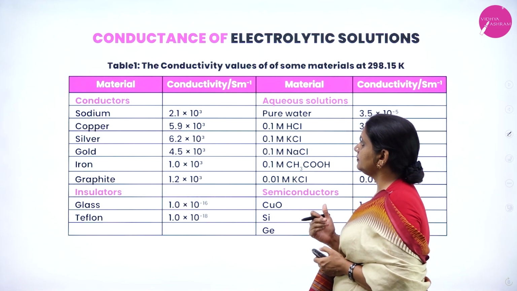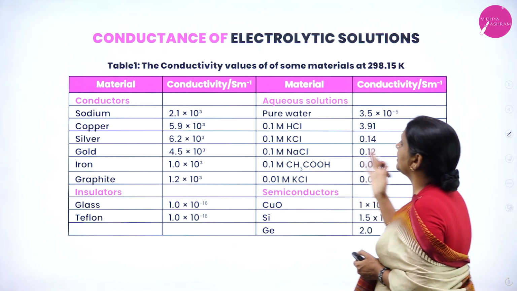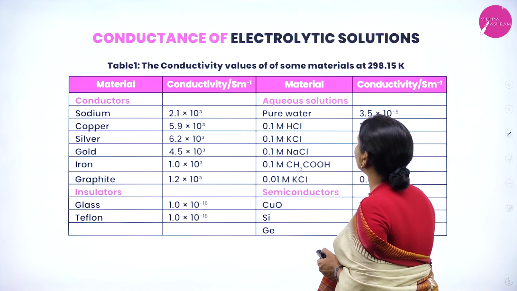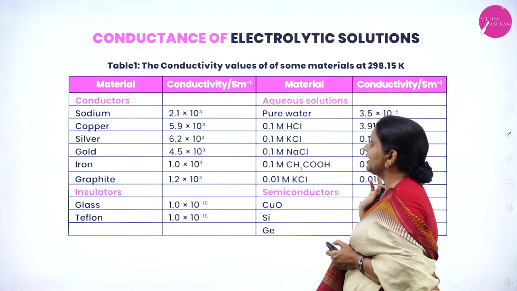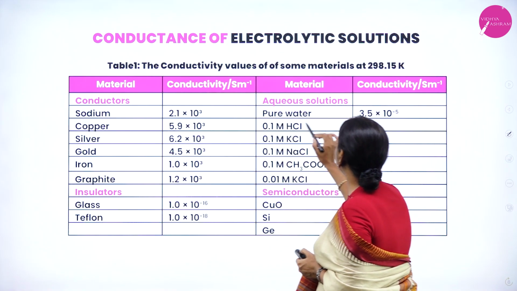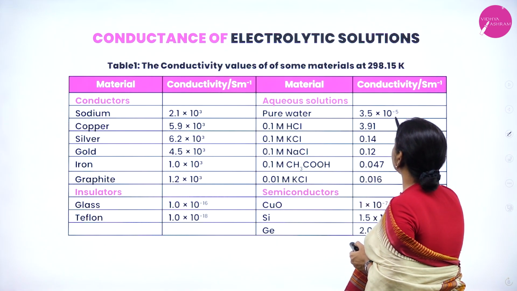Next, in this table, I have given the conductance of electrolytic solutions. The conductivity values of some materials at 298 Kelvin. Sodium 2.1 into 10 to the power of 3. Pure water 3.5 into 10 to the power of minus 5.